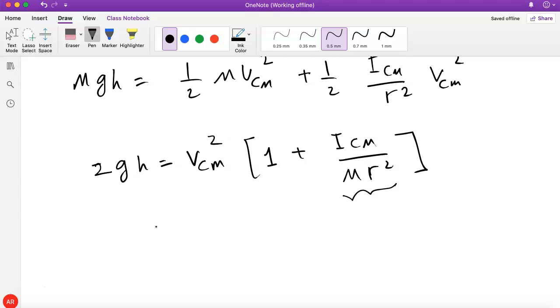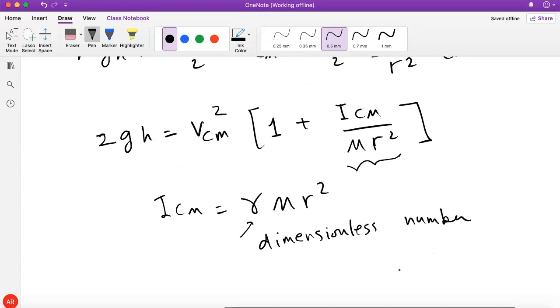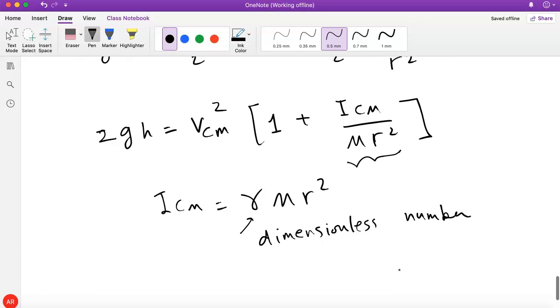So let's say, depending on how the mass is distributed, ICM is some number, let's call it gamma, times mr squared. This is some dimensionless number that depends on how the mass of this round object is distributed around its axis.